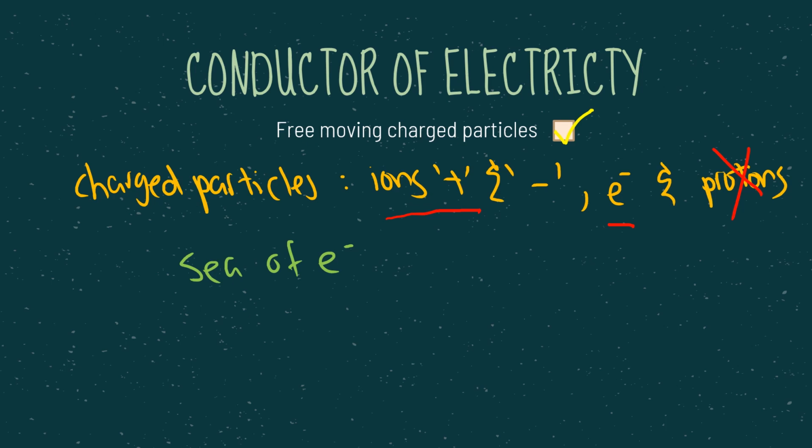That is why they are a good conductor of electricity. Furthermore, these electrons are also able to transfer thermal energy, which is why they are able to conduct heat as well. So a metal is a good conductor of electricity and heat.